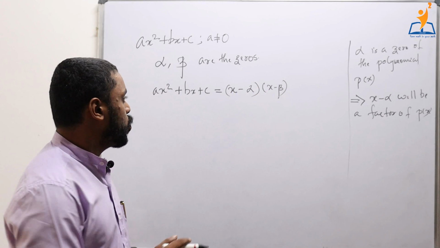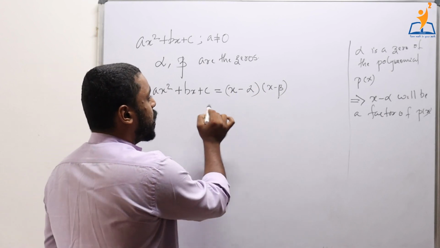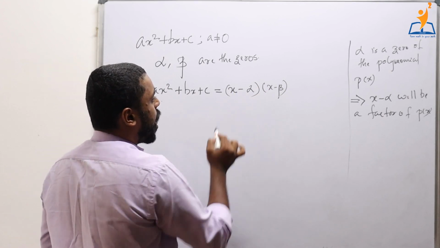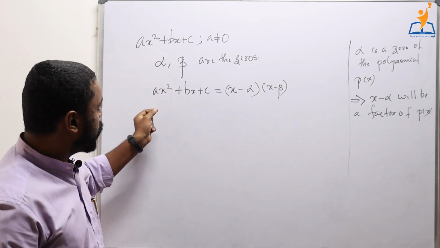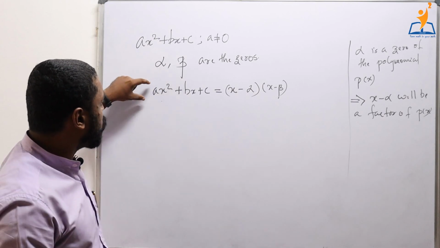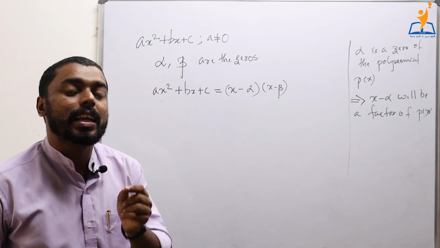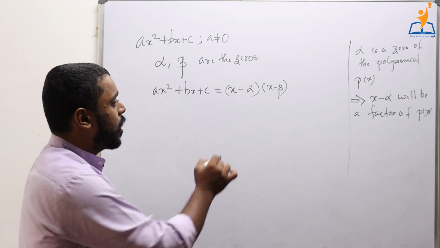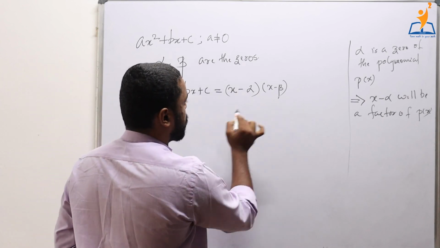Now we are going to check these two sides are equal. Also we are going to check whether the zeros and the coefficients of the polynomial are related or not. For that we are going to expand this bracket.